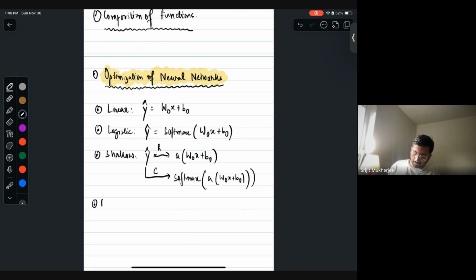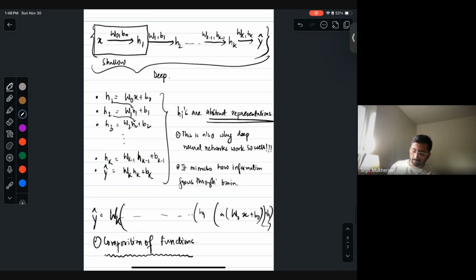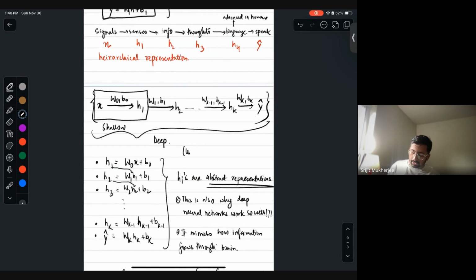For deep, it's again for regression, let's do regression first. We can say a, and let's call this w comma b.